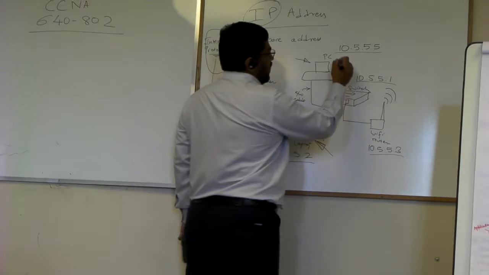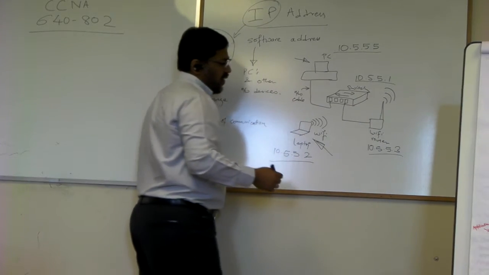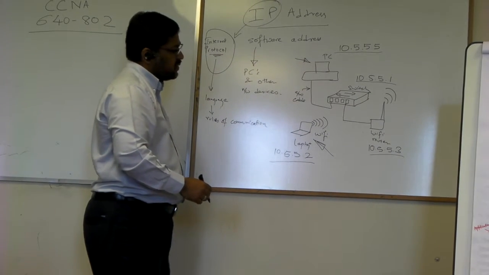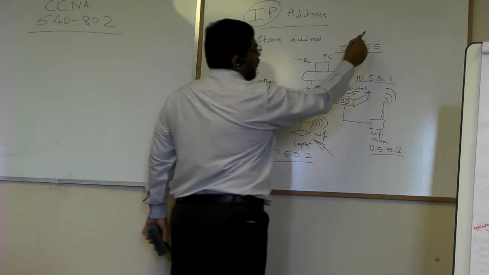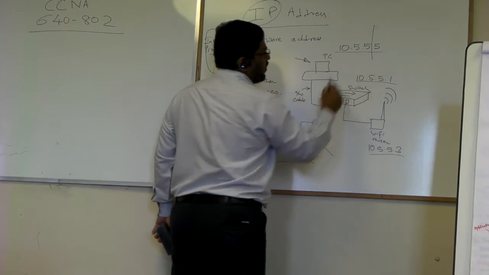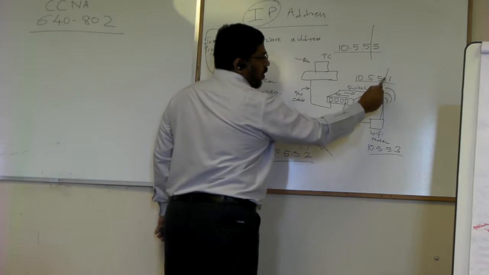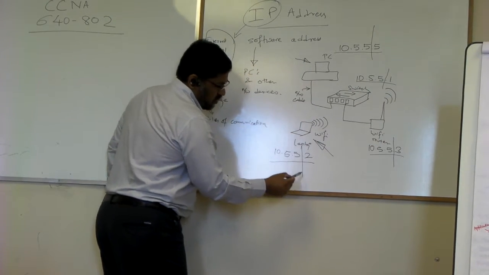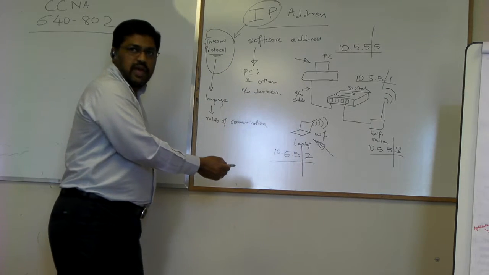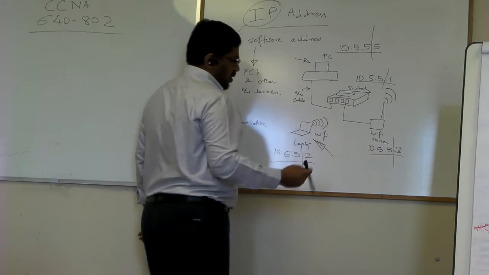Also, as I mentioned, we need to identify the network part of the address and the host part. In this example, we see that the first 3 parts of the address are the same in all the computers. See this? The same for all the computers.